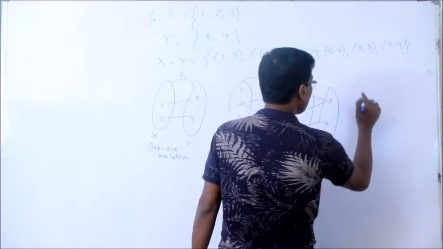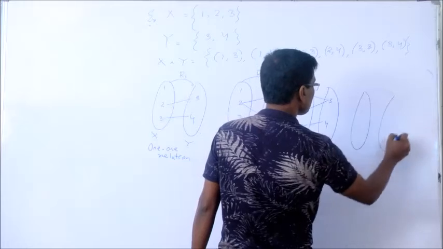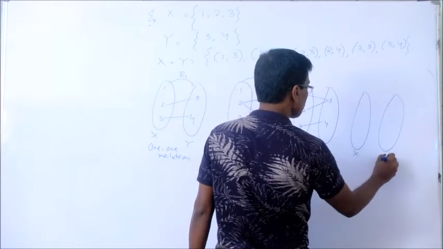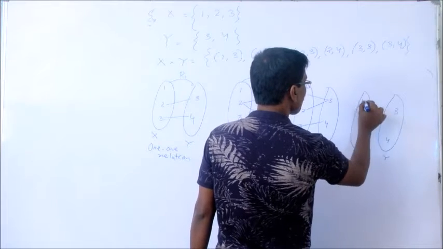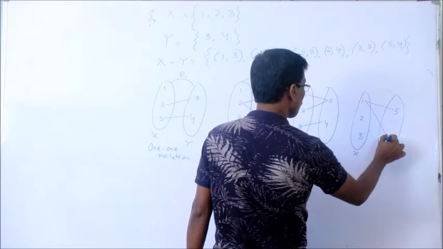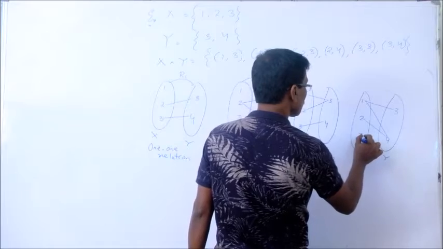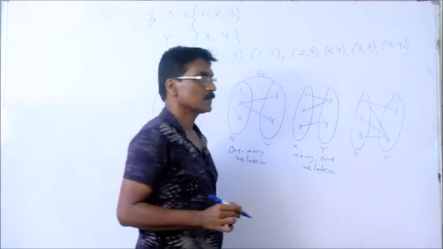Finally, many-many relation: x set and y set, say 1 2 3 and 3 4, with pairs 1 3, 1 4, 2 3, 3 4.